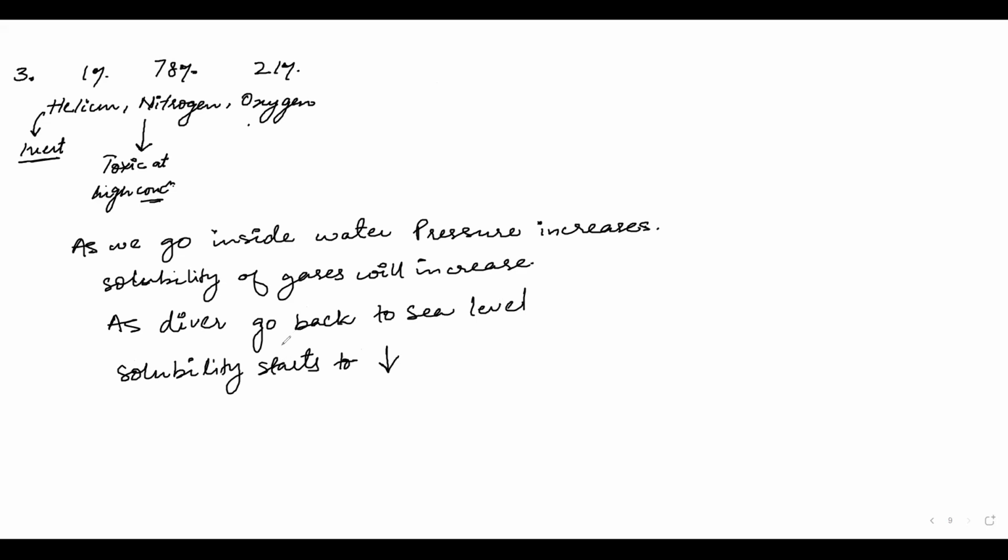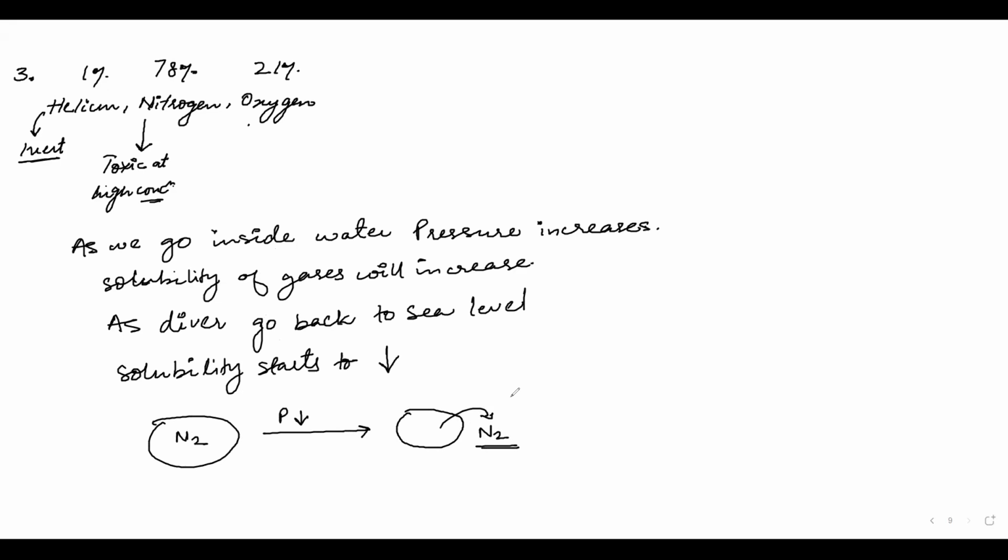N2 is dissolved in our blood. Now the pressure decreases, P decreases. What will happen? N2 will go out of the blood. If a gas is present in a liquid, what do you see? Bubbles.